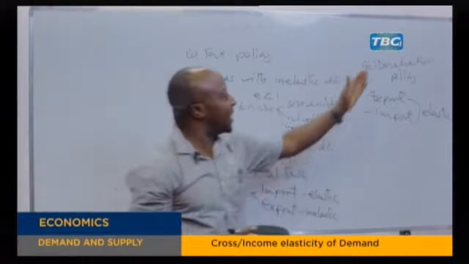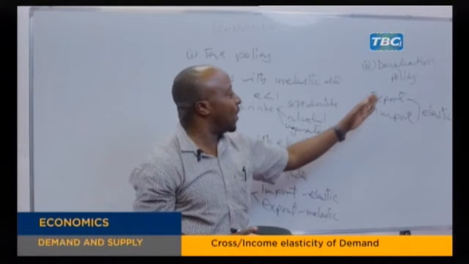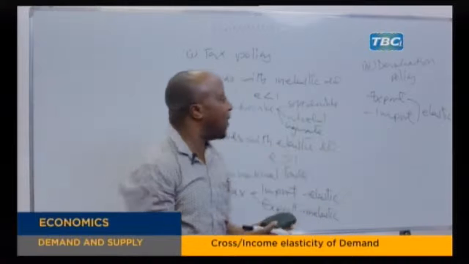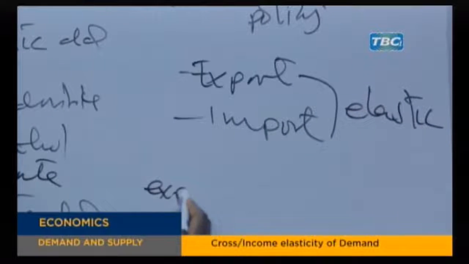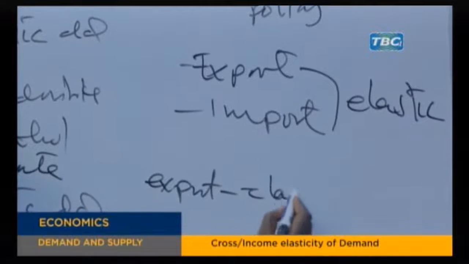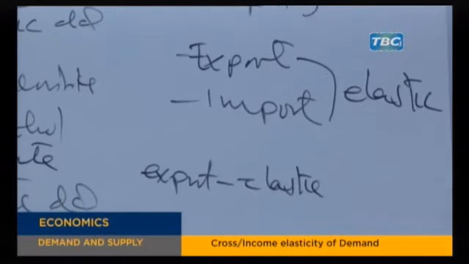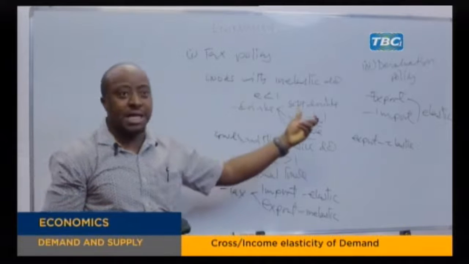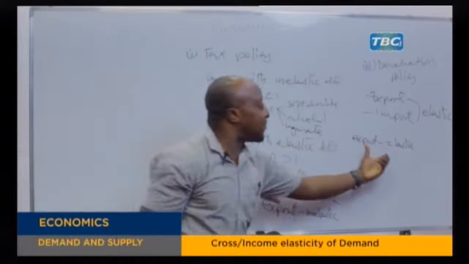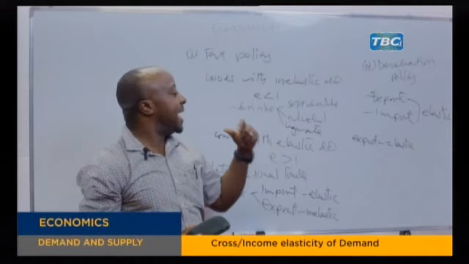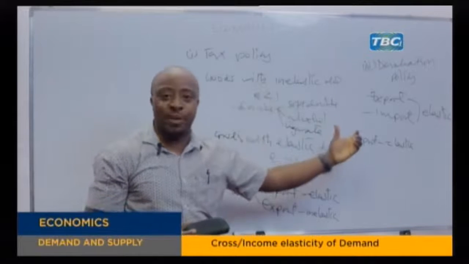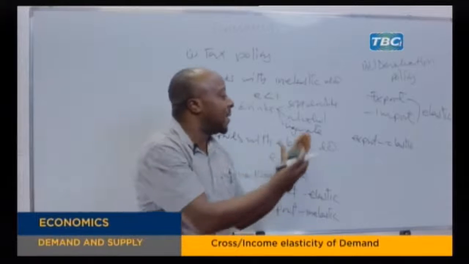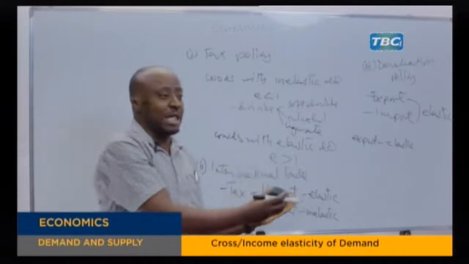Because devaluation aims to encourage export and discourage import, when export has elastic demand and we have devalued the currency, it will be cheaper to export goods. It means a smaller change in price for export results in a greater change in quantity demanded for export. That means we will be increasing export automatically because export has become cheap after devaluation.